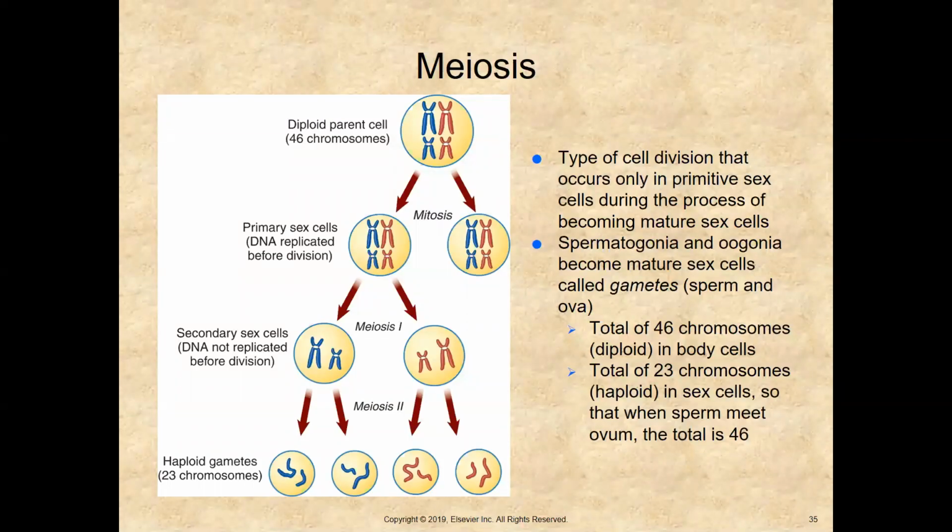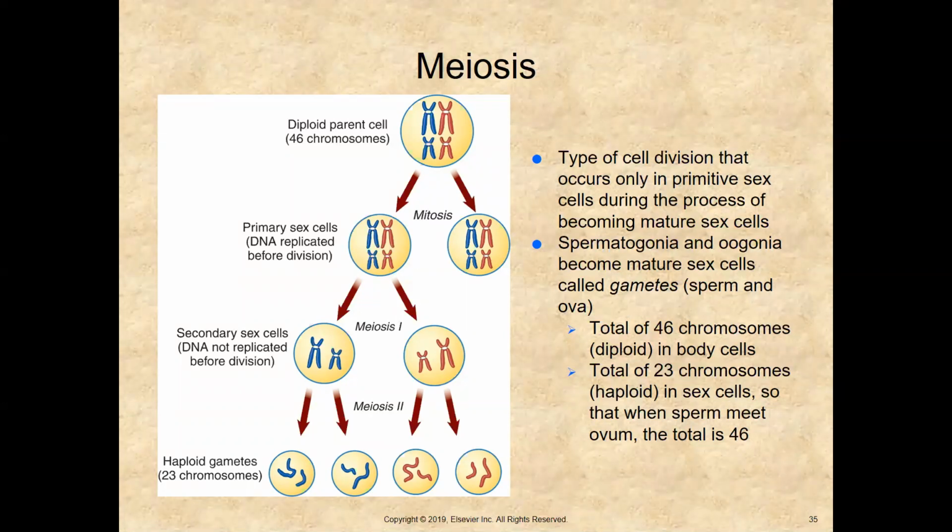Now, meiosis is very different, because a sex cell from one parent, from one source, is going to join with a sex cell from another source to make a human cell that is going to have the regular chromosome allotment, which is 46.